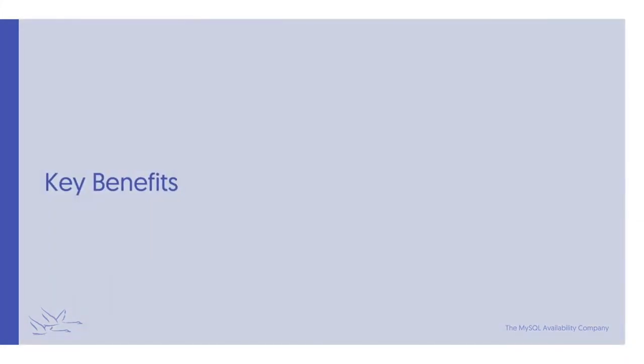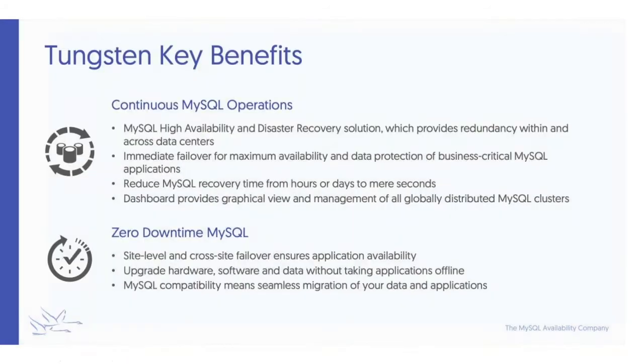So let's go over in more detail about the key benefits that Tungsten Clustering offers. Continuous MySQL operations, right? Even being offline for a minute can be catastrophic for some businesses. So that's why we provide high availability. We can fail over in seconds if there's an issue with the primary MySQL database in a cluster.